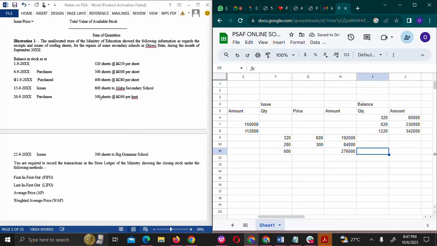So at the balance unit, you have this 1220 minus this that you've issued out, and you have this 342 minus the 276 that you have issued out. Do we have any question? Yes, sir.